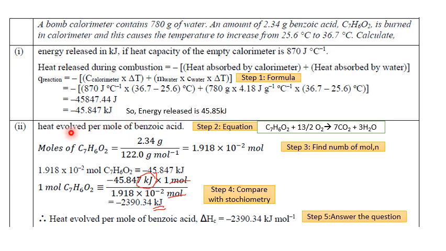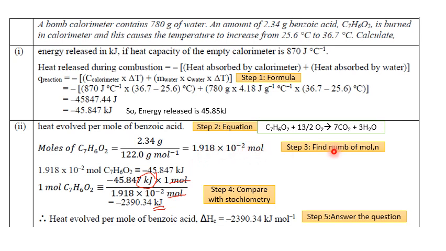Okay, next, heat released or heat evolved per mole of benzoic acid. So for 1 mole of benzoic acid, before we know the heat evolved for 1 mole, we must know how many moles are involved in this question. So we must use the mass given by the question divided by molar mass. So it's 1.918 times 10 to the power of negative 2 mole.